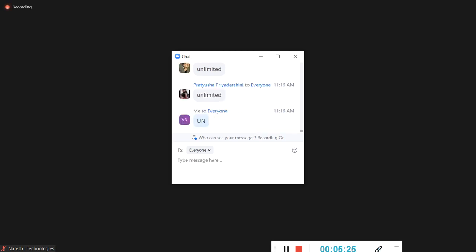EFS is for Windows or Linux? Linux. For Windows? FSx. And EFS works on which protocol? NFS protocol, version 4. Do we need to pre-provision EFS?